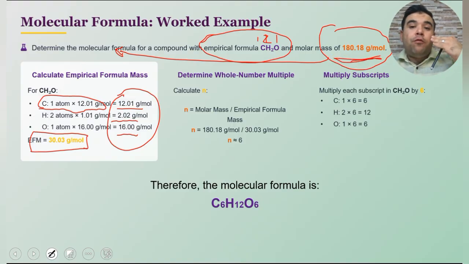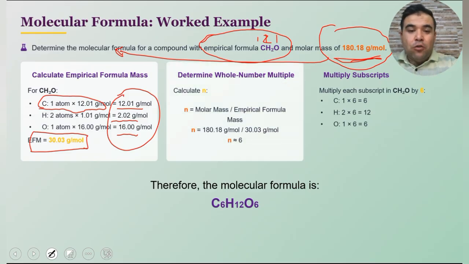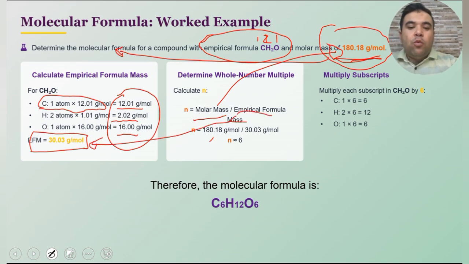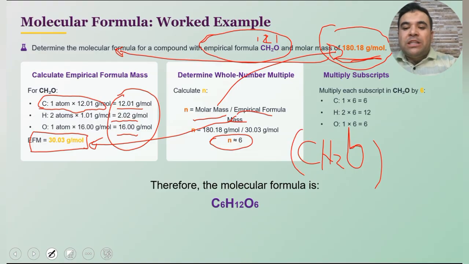And then in the question, guys, as you can see, the molar mass of the molecular formula is given. So let us calculate n. N is equal to what? Molar mass, which is given in the question, divided by the empirical formula mass, which we have calculated in step 1. So we got n is equal to 6. CH2O should be multiplied by 6 to get what?